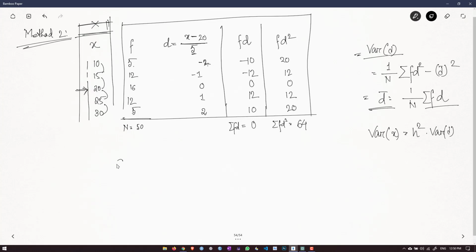Now we will calculate d bar. D bar is 1 by n summation fd, which is 0 because summation fd is 0.